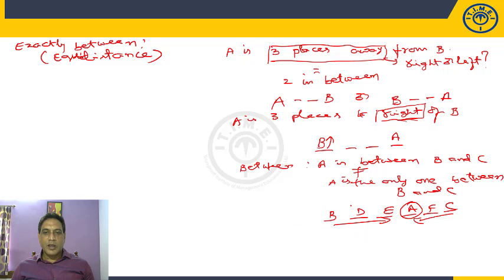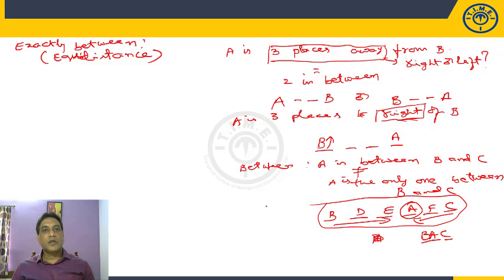Here, in this case, what is A is between B and C? This is one possible case. A is between B and C, 3 consecutive positions. Or it is also possible like this. There are several people. Exactly between means the number of persons between B and A and the number of persons between A and C, this and this should be the same.